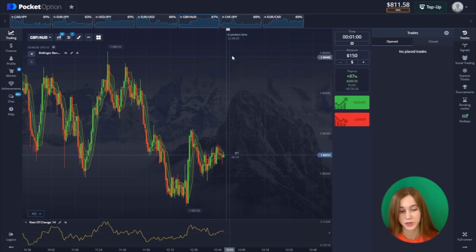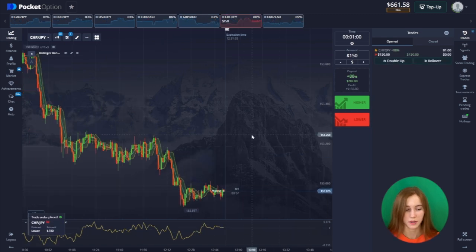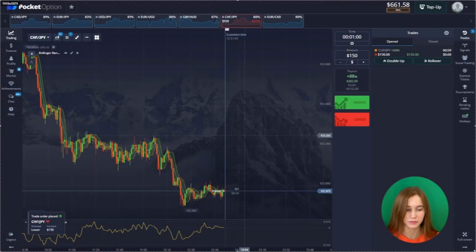Let's reduce our trade amount. Here we are in the next concept. The last area we have is consolidation, and in this consolidation we often see candles up or down. The previous candle was quite green, and I think it should be drawdown in our market.